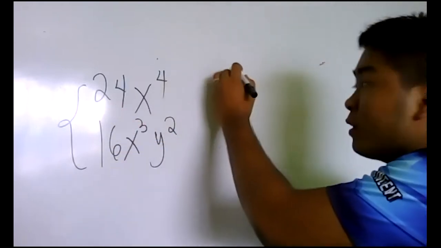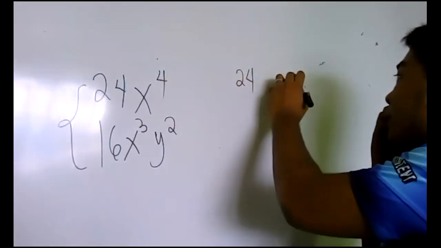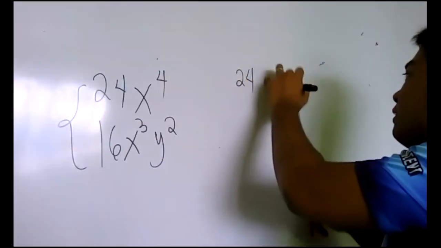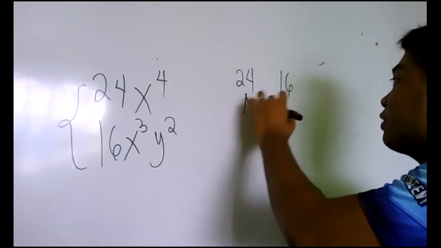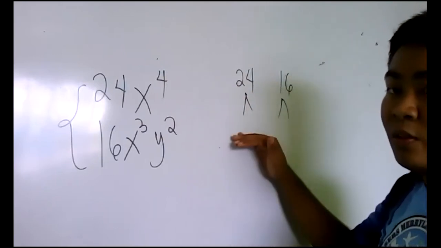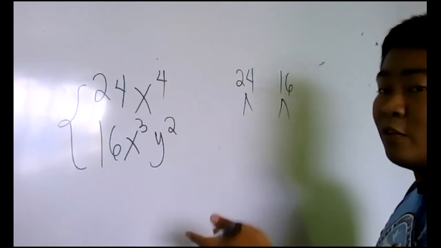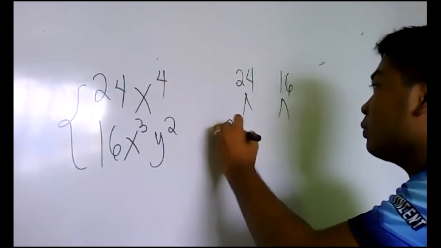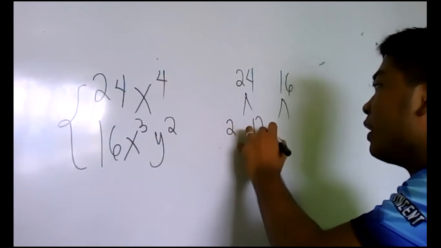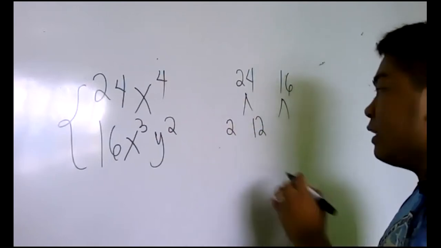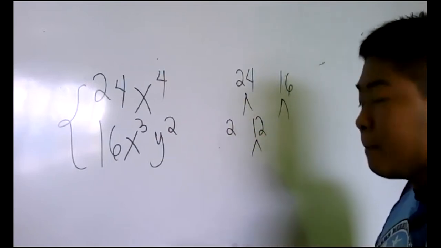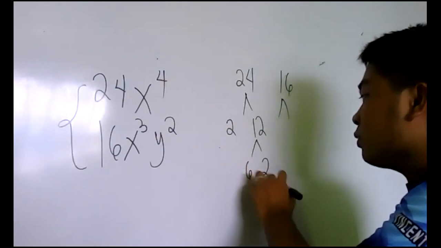So try natin. We have 24, we have 16. So what would be the greatest common factor? Let's use a factor tree. So 24, what is the factor of 24? We have 2 times 12. And then 12 can be factored pa. So 6 times 2.